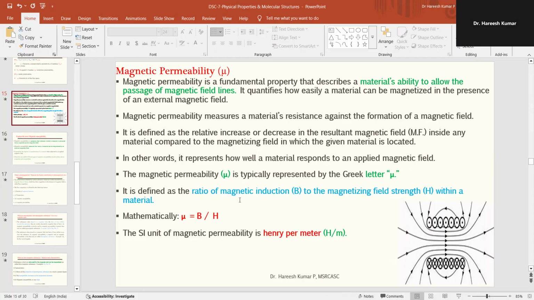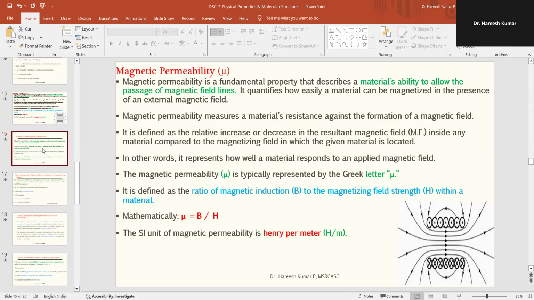It is defined as the ratio of magnetic induction, that's called B, to the magnetizing field strength, that is H, within a material. That means mathematically mu is equal to B upon H. The SI unit of magnetic permeability is Henry per meter, that's H per m. This is the magnetic field, more particularly the externally applied magnetic field.